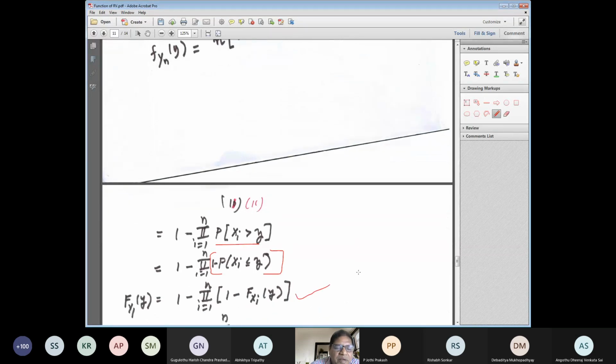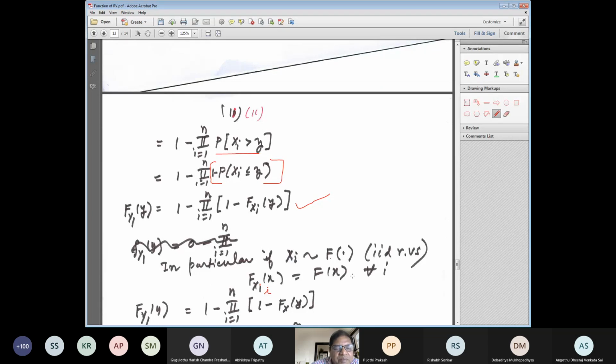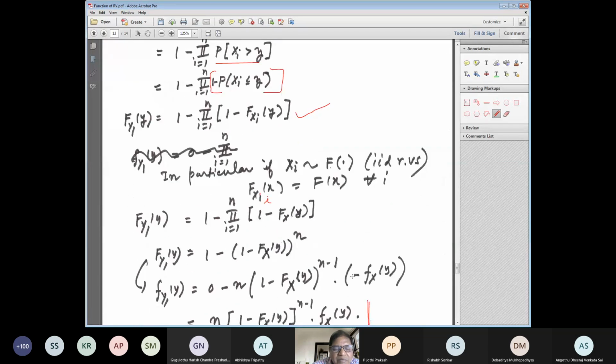They are used frequently in reliability theory and various other places. So I thought I would give you an idea of what we mean by the minimum and maximum, because so far we have not discussed the joint distribution. All these are parts of the joint distribution of n random variables. But since they are independent, the results become much simpler.